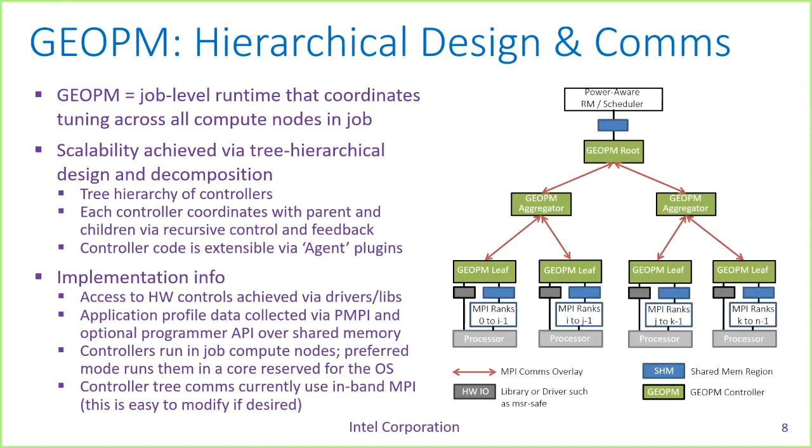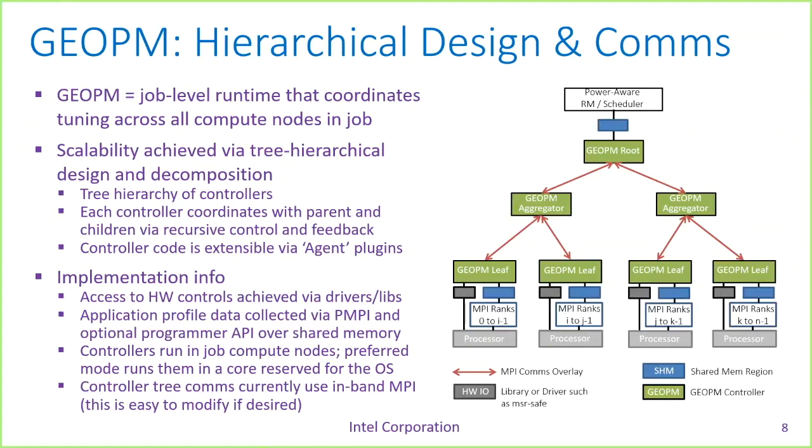Let me give an example, I guess, with power budgeting to make this concrete. The root will try to find an allocation of a job power budget among its children, the aggregators, that, let's say, maximizes performance within that job power budget. Then each aggregator will take the power budget it's been given and do the same thing.